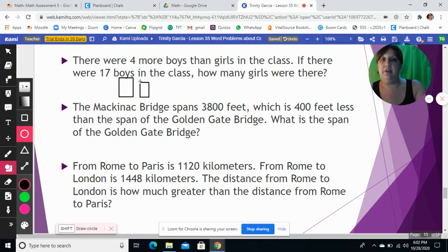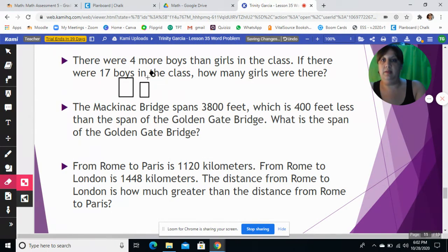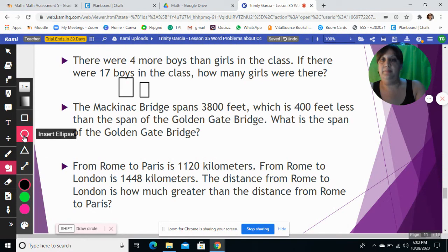We know that there is a 4 up here. I don't really have room to write that very well, but let's see if I can do that a little bit better. Okay, let me grab my circle shape again. I'm going to write on top of the words to make it fit.